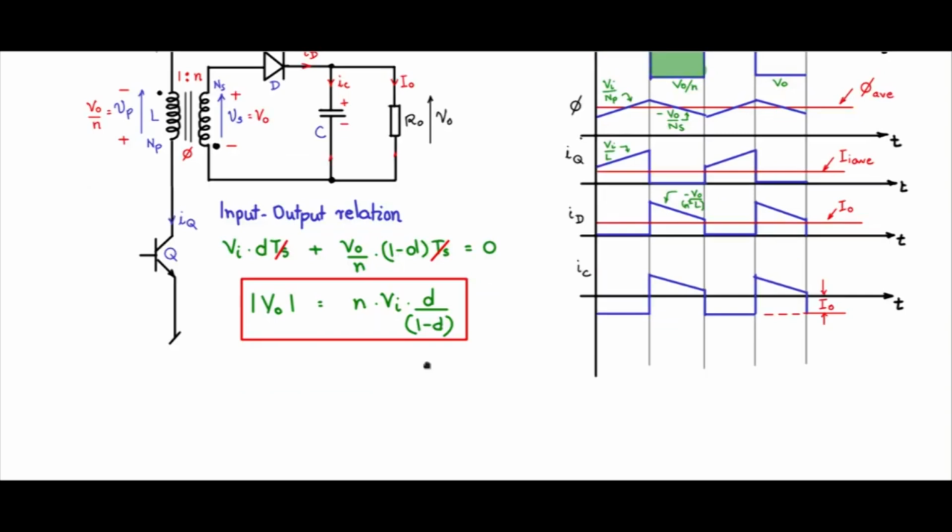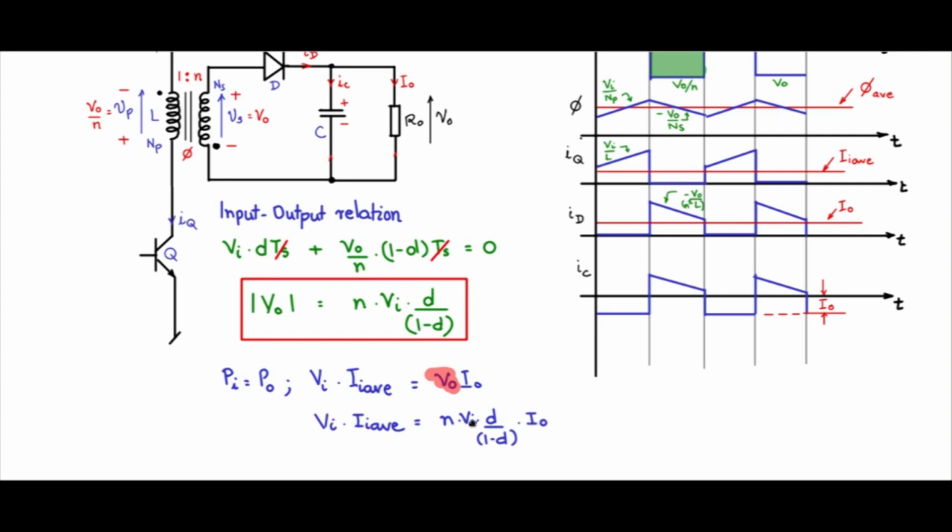Likewise for the current, you can get the input output current relationship using the power balance relation. Pi is equal to P naught, so Vi II average equals V naught I naught, and V naught you can replace using the input output voltage relationship. So we have Vi into II average equals N Vi d by 1 minus d into I naught.